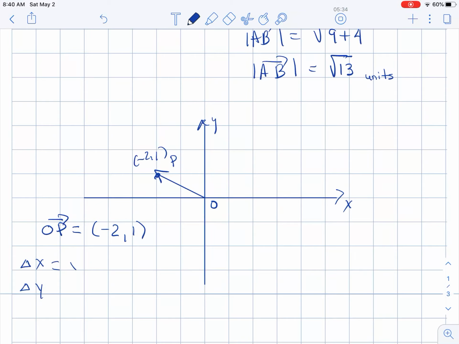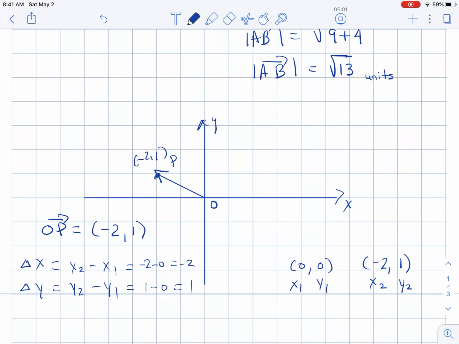Well, where did the tail start? Because if you want to go delta x, delta y, x2 minus x1, y2 minus y1, well, the tail was at the origin, (0, 0), and then it ended up at (-2, 1). So we're going to be -2 minus 0, which is -2, and 1 minus 0, which is 1.